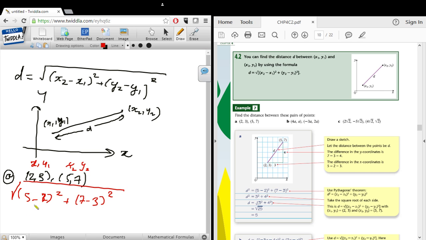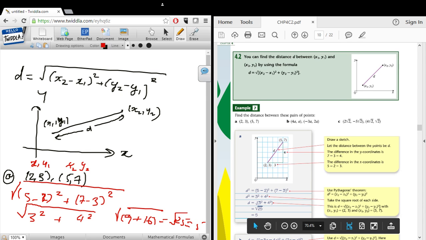What do we do first? 5 minus 2, everything in the brackets, 3 squared plus 4 squared. Then we square them, so we have 9 plus 16 square root. Let's do it in the brackets, 25, which gives us 5. Simple, very simple.